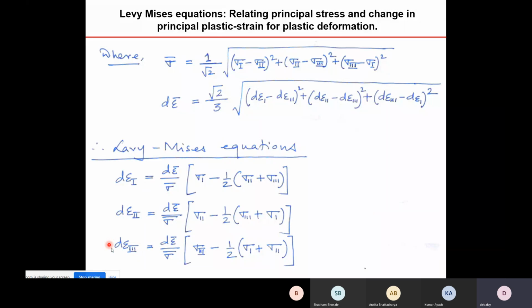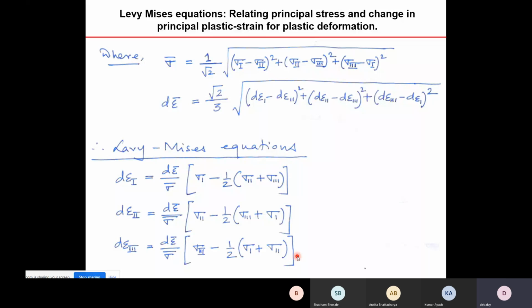So if it is plane strain, you consider d epsilon 3 equal to 0, you will get sigma 3 equal to sigma 1 plus sigma 2 by 2. In place of sigma 3, you put that in the von Mises criteria, you will get sigma 1 minus sigma 2 equal to 1.15 sigma naught, which is the form of Tresca's criteria. So under plane strain, von Mises and Tresca criteria follow the same form, and yield strength under plane strain condition is 15% higher than the yield strength in uniaxial tension.